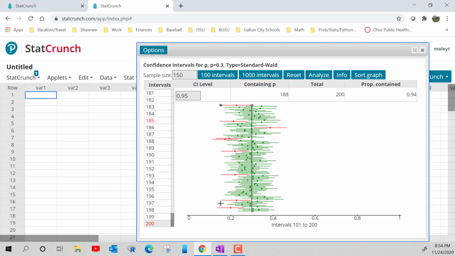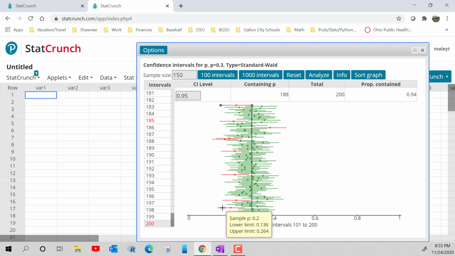So if I hover over this red one, it says that my sample p hat was equal to 0.2, and my lower and upper limits were 0.136 and 0.264. So notice that my upper limit is 0.264, so it's not going to reach or cover the true population proportion, which is 0.3.